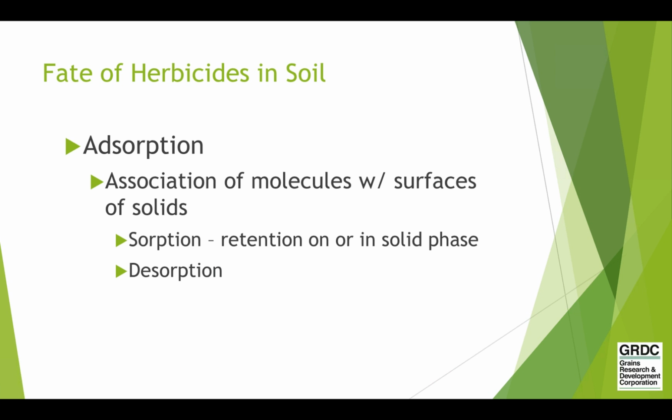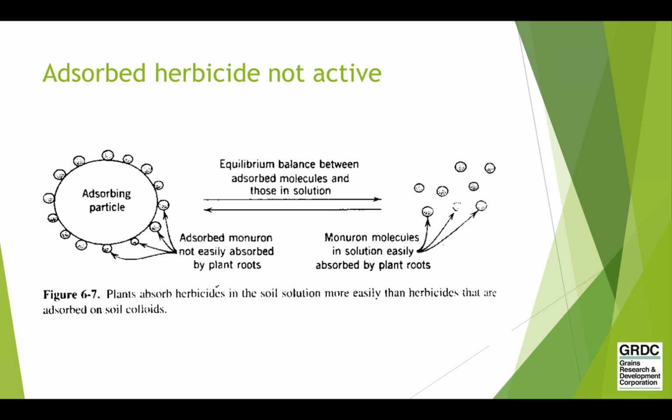I just wanted to define a few terms. Adsorption is defined as an association of any molecule with the surface of a solid. Sorption means retention on or in a solid phase, and desorption has to do with the release of chemicals from a solid phase.